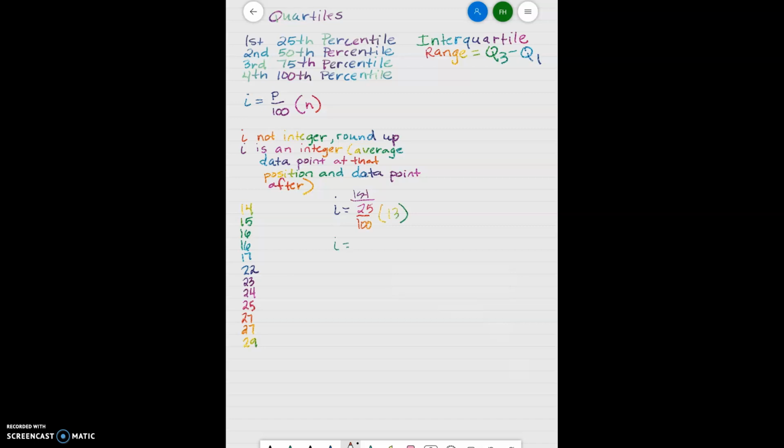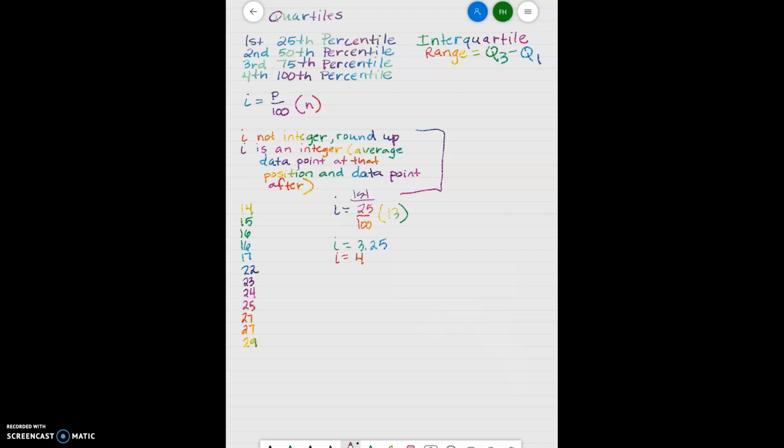So when we do 25 over 100, or you can say 0.25 times 13, you get 3.25. Now we have to use this rule that if our index point is not an integer, we are going to always round up when we're doing quartiles.